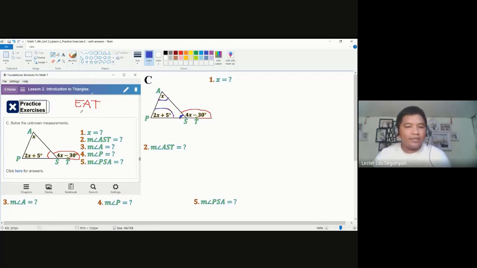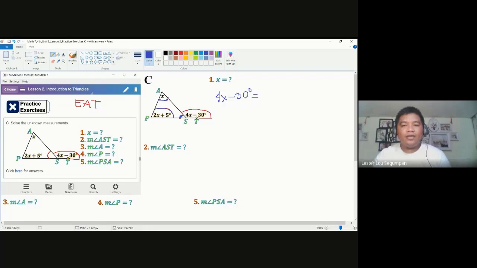So again, let's go back to the statement. The exterior angle theorem tells us that the exterior angle of a triangle, in this case 4x minus 30 degrees, is equal to the sum of the remote interior angles.